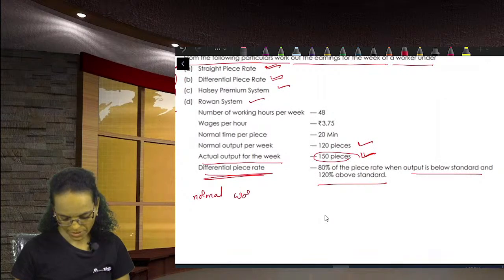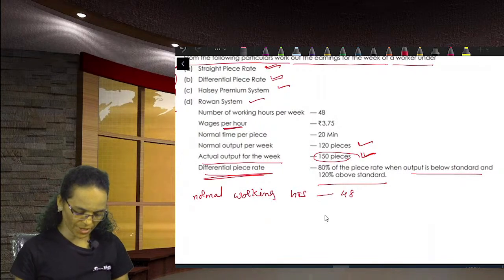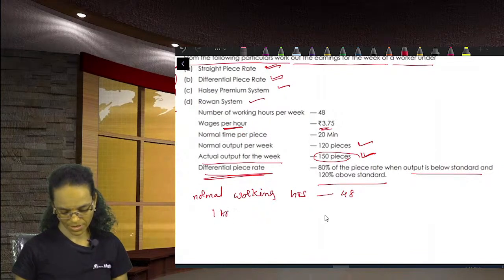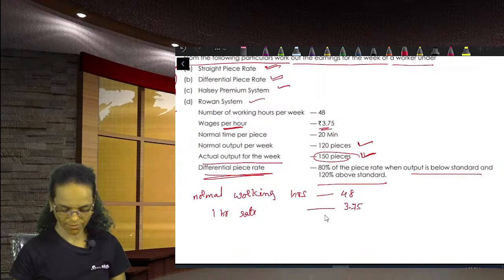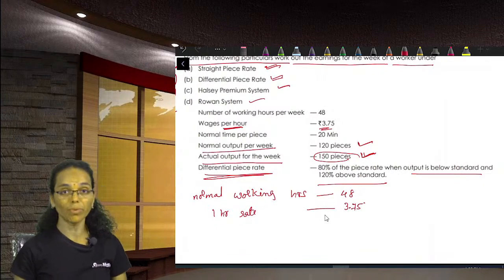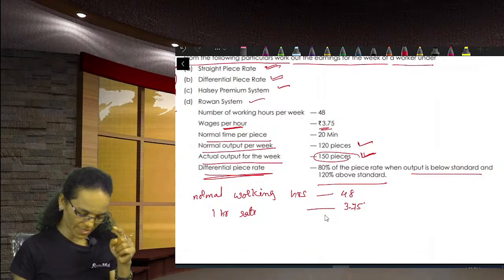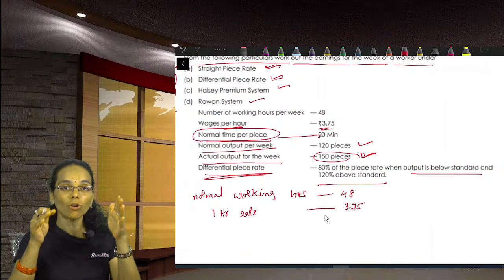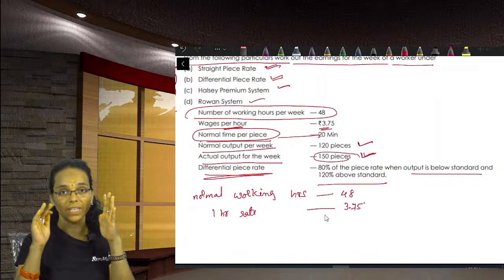Normal working hours, 48 working hours in a week. Wage per hour, 1 hour rate in simple language is 3.75. Normal output per week is given. Normal time per piece is given, 20 minutes. But we are talking in terms of the week. Number of working hours per week is 48 hours.